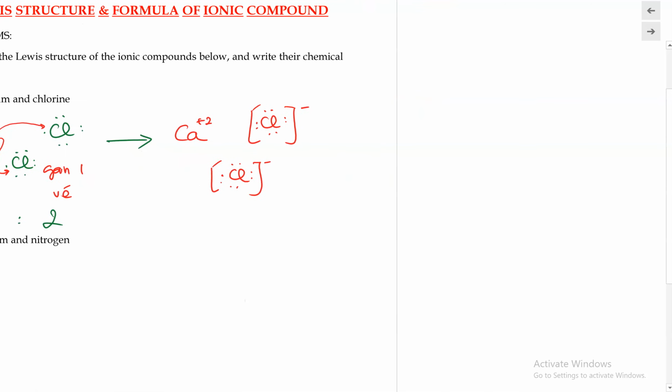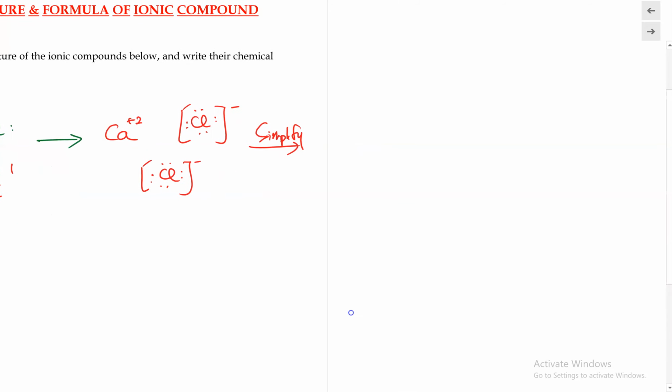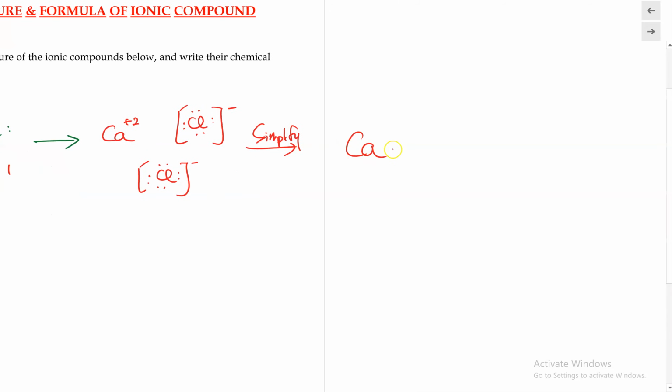Now we can simplify this drawing. Anytime we have something repeated, it's quite redundant for us to keep on drawing it. So we can combine it together by doing the following. Put the cation first. Always put the cation first, and now we have 2 of the chlorine. Each of the chlorine has 8 valence electrons and is negative 1, and we need to have 2 of it.